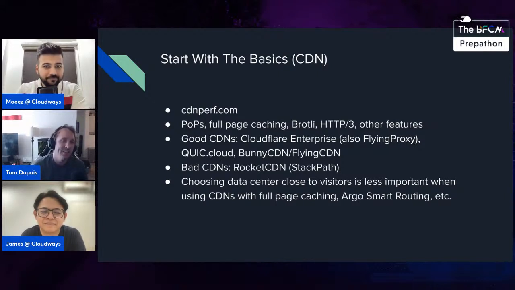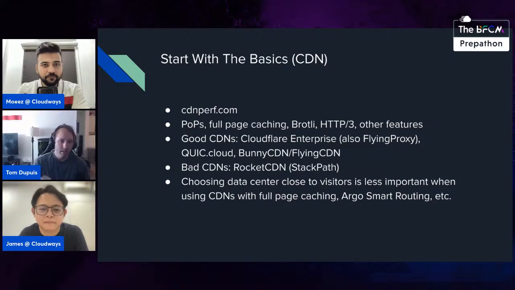So hosting and CDN are the best ways to improve TTFB. If you see that you need to improve that in PageSpeed Insights or other tools, focus on your hosting and CDN. CDN Perf shows different, it's like DNS Perf only for CDNs. Yeah.